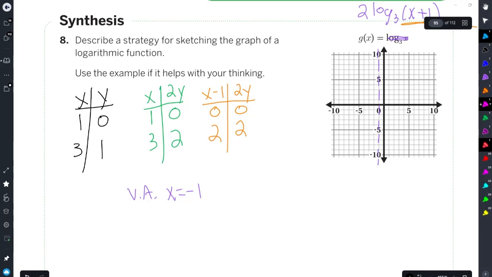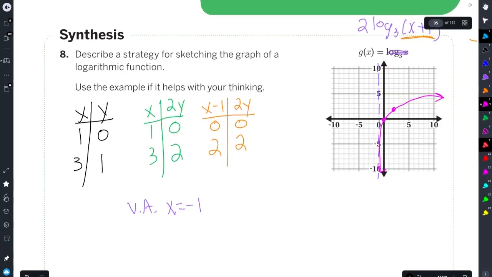Then 0, 0, and 2, comma 2. So our graph will look like that. So just keep in mind that we only did this problem where the base wasn't 2. That's why we had a 3 right here. The other ones were all 2s in that spot. So just make sure you're paying attention to that.